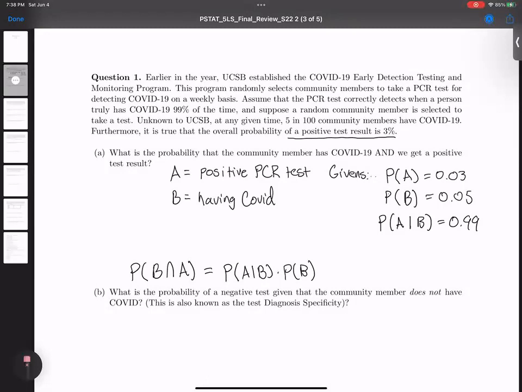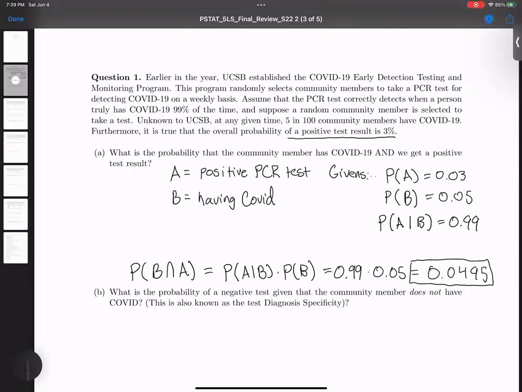We have these two quantities: the probability of A given B is 0.99, and the probability of B is 0.05. If we multiply these two together, we get 0.0495. And so that's our answer.